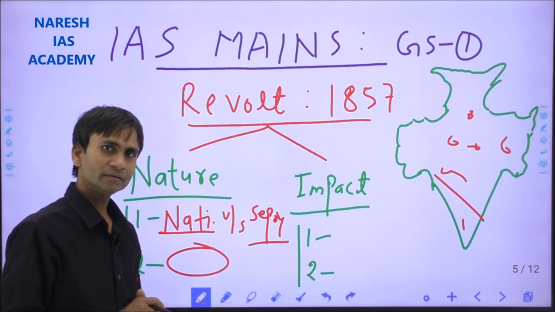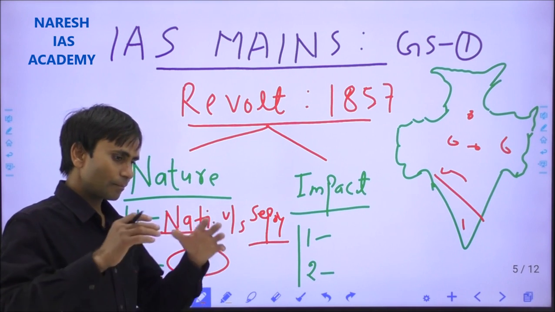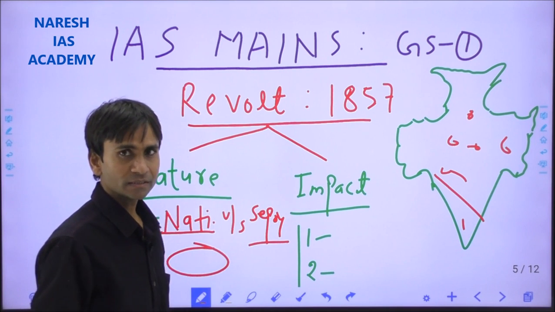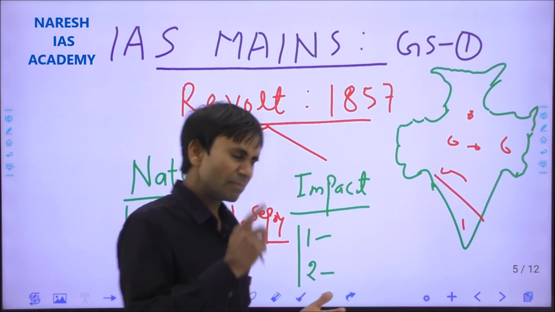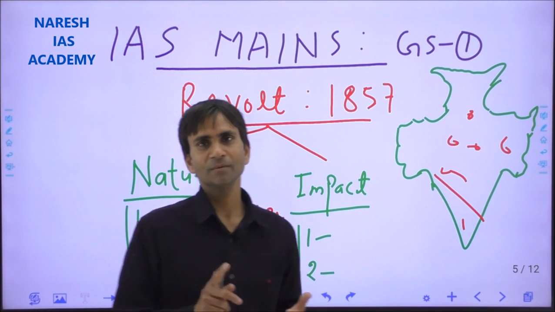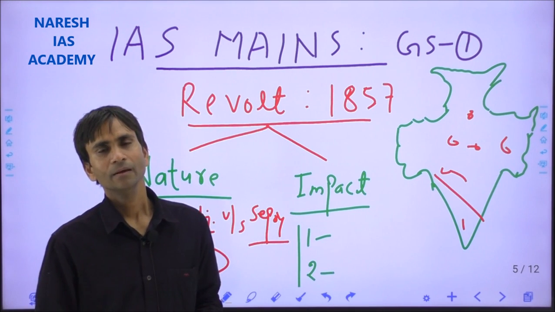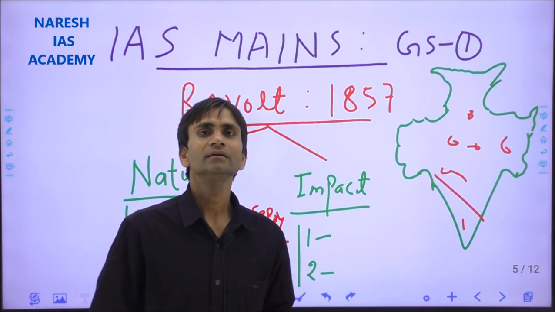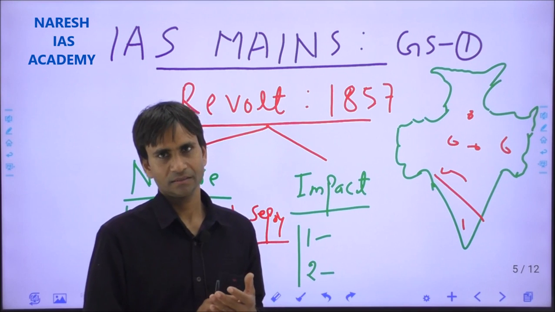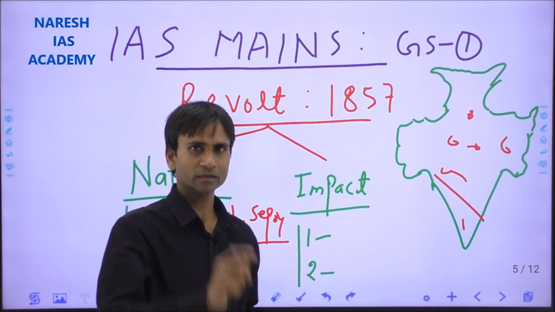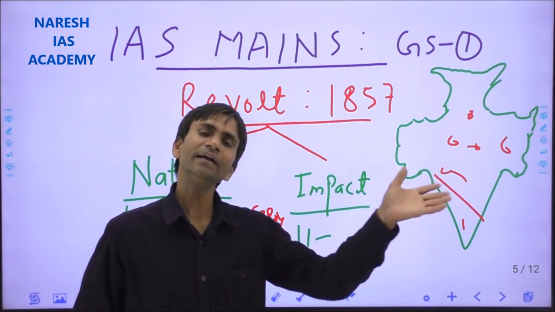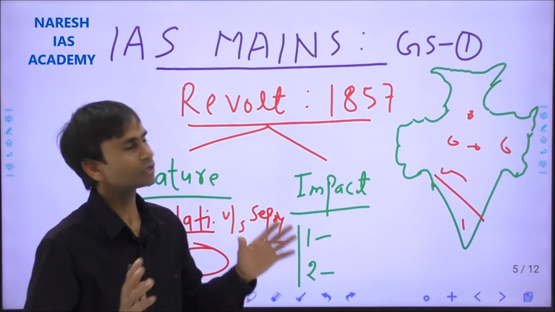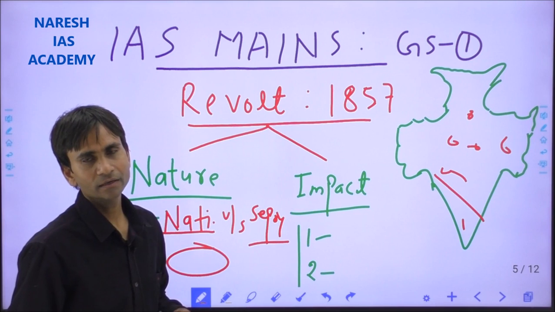And second, the participation of different classes of Indian people. However, the middle class, zamindars, landlords, most princely states and the trading class did not join the revolt. But on the other end, other sections joined the revolt on a large scale.